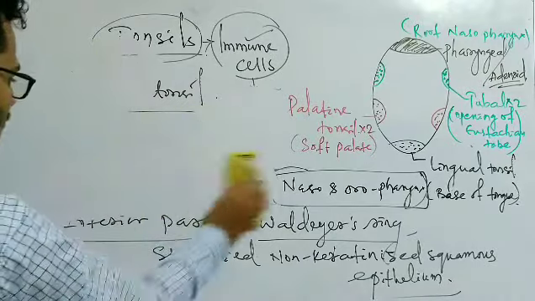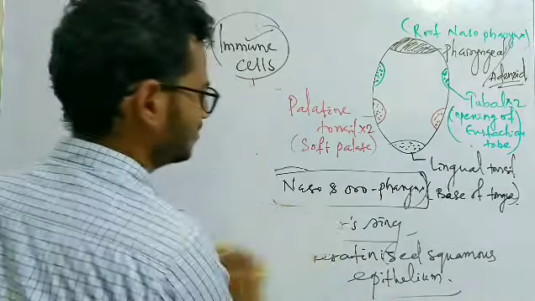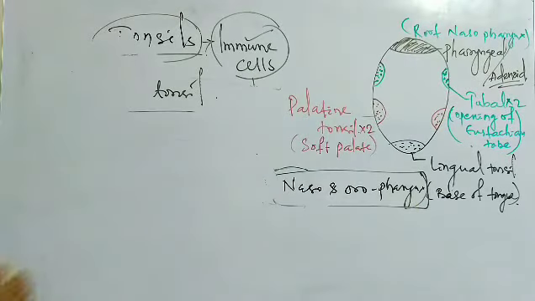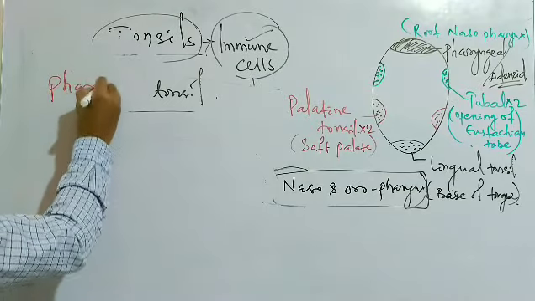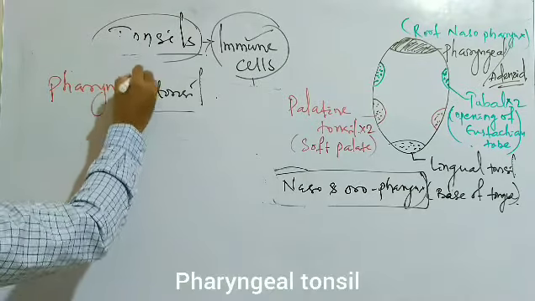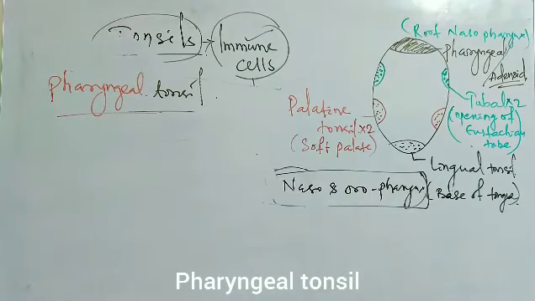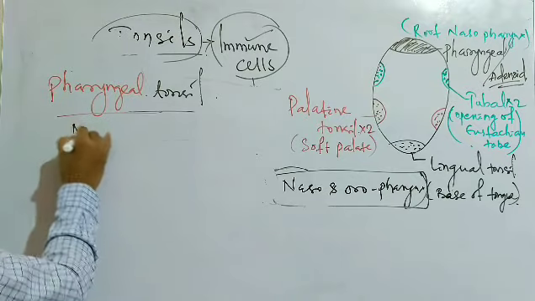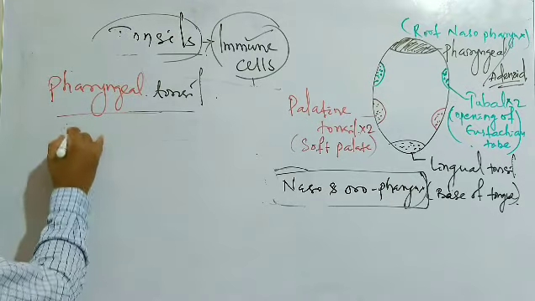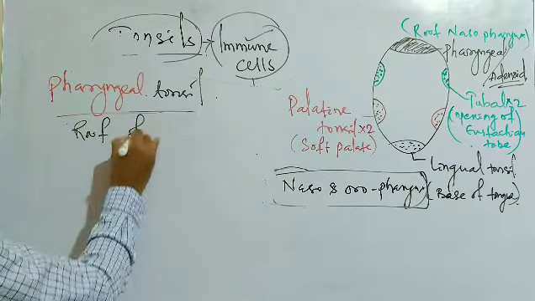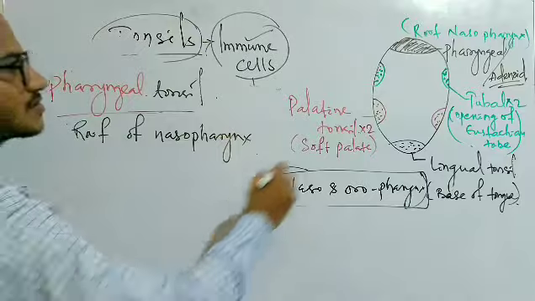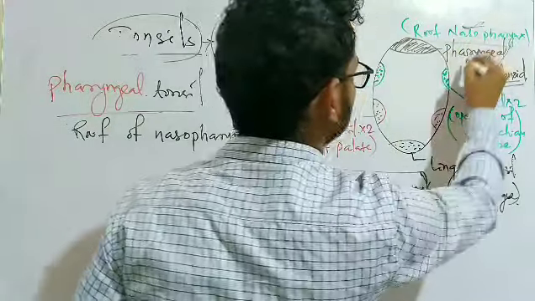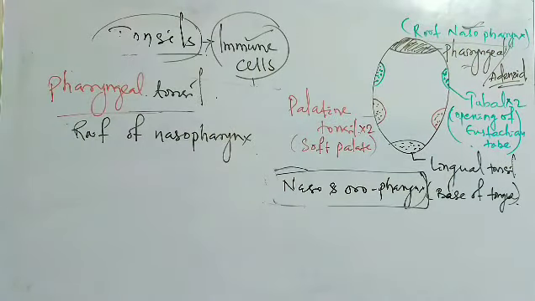So let's go for the pharyngeal tonsil. So the pharyngeal tonsil is present at the roof of the nasopharynx. We can also see here roof of nasopharynx. So the pharyngeal tonsil is located here.